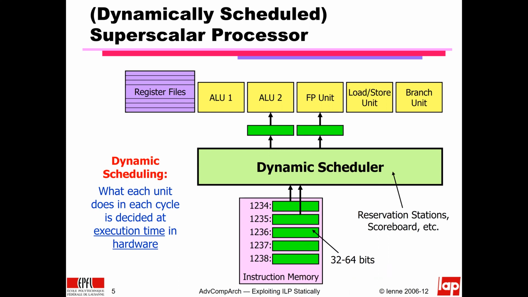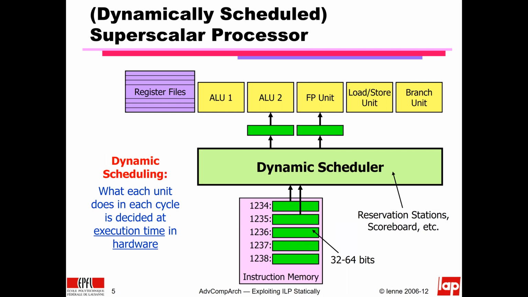So this dynamic scheduler is essentially everything that we have done: reservation stations, scoreboards in some techniques, the reorder buffer, all those things that we have put in our processor are in there, and are a big part of it.